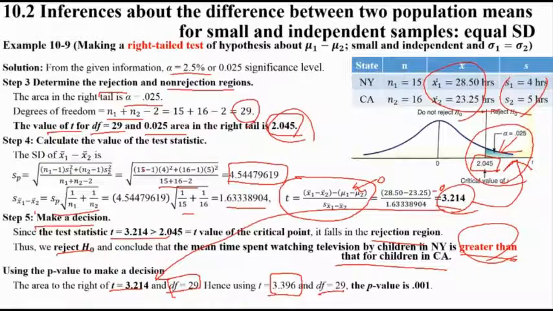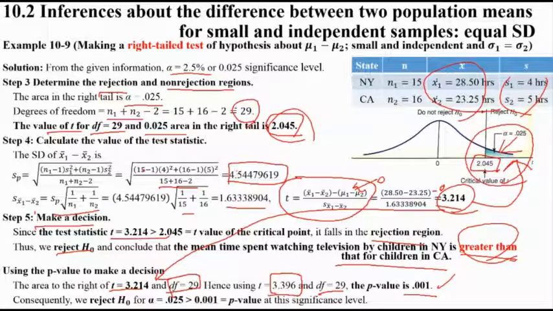That p-value is about 0.001, right? 0.1%. All right. So we compare with the significance level, this number. It looks like 0.025 is greater than 0.001. So this is reject. All right.